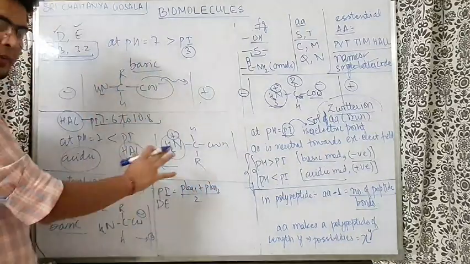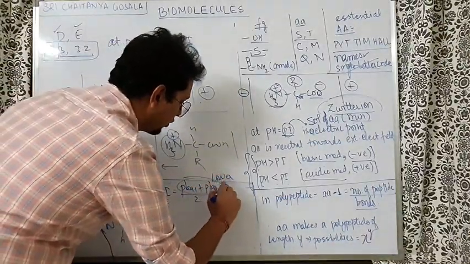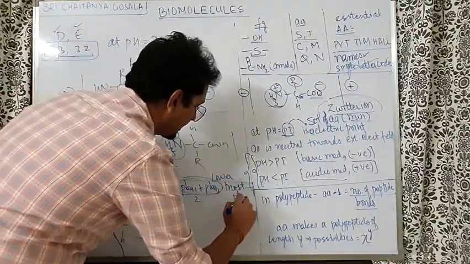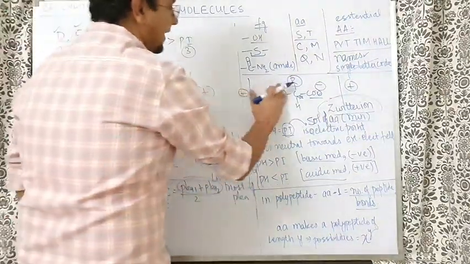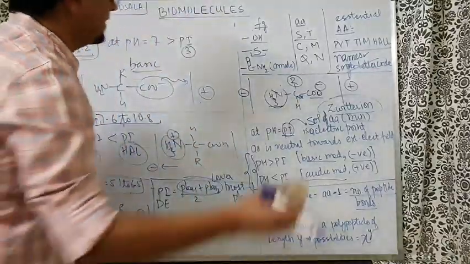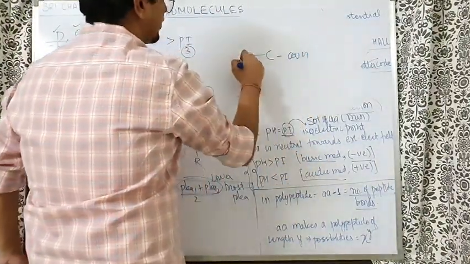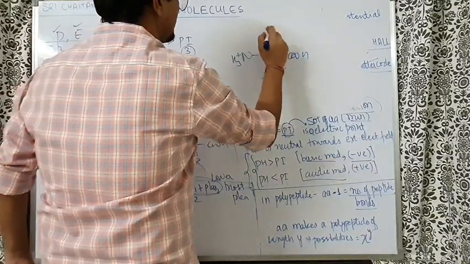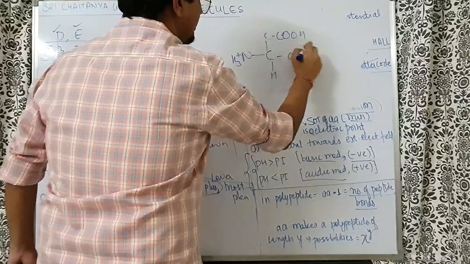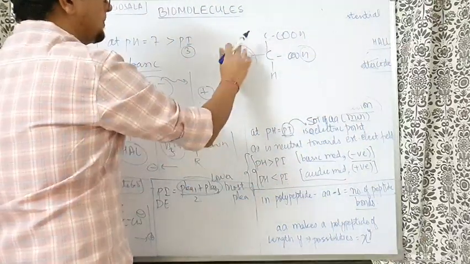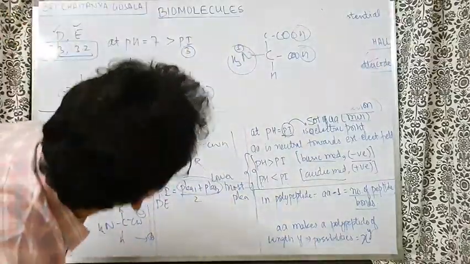Now, what are pKa1 and pKa2? The lowermost pKa values. They will give you 3 pKa values. Why 3? Because for the COOH, for the NH3 plus, and also the side chain COOH group, a pKa will be given for each.